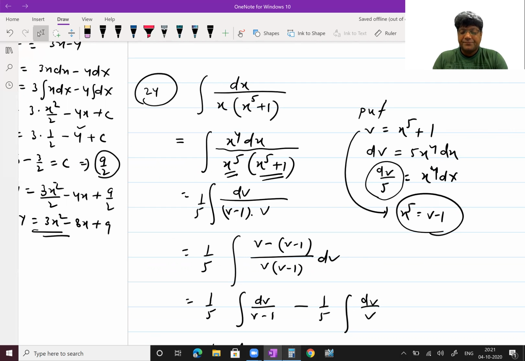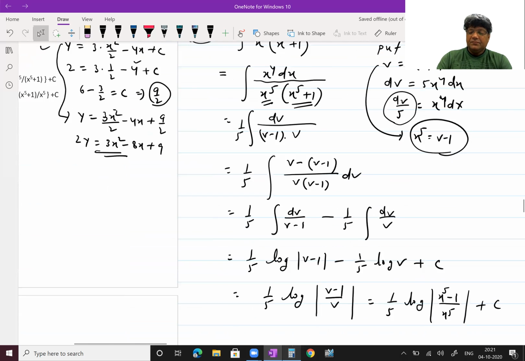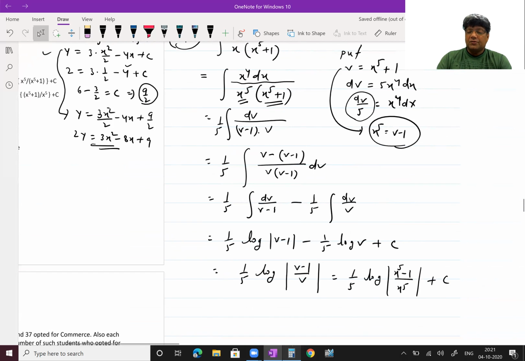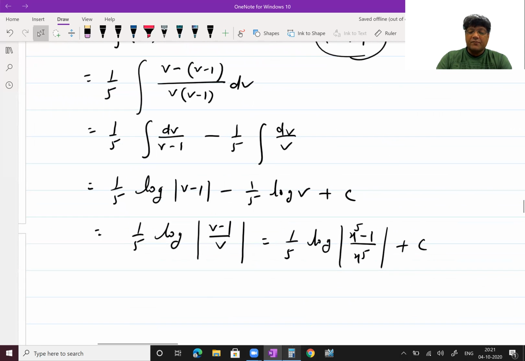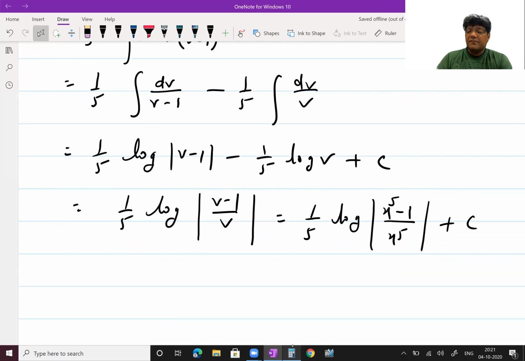Correct. Oh no. Guys, v value is x^5 plus 1. Wait, guys. v value is x^5 plus 1.